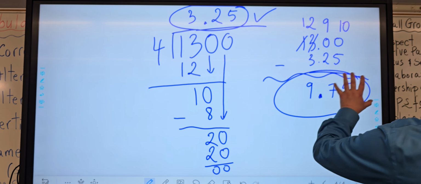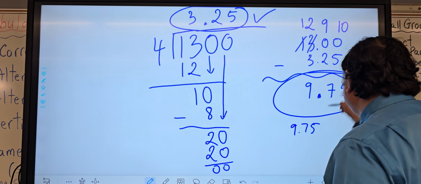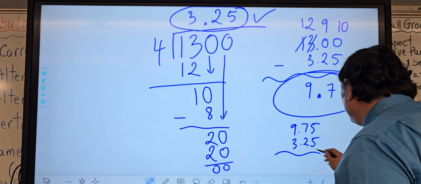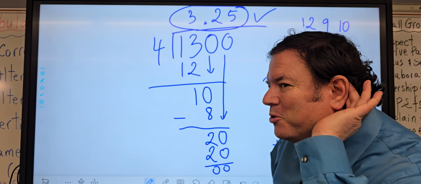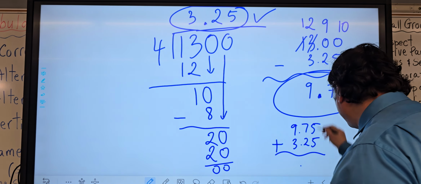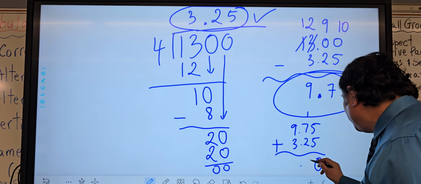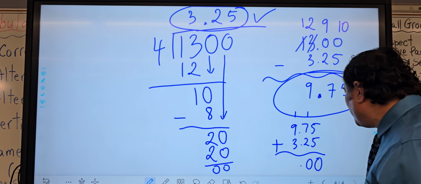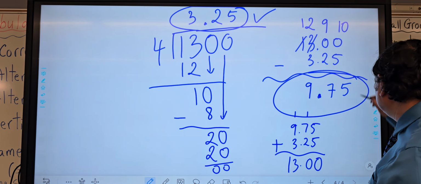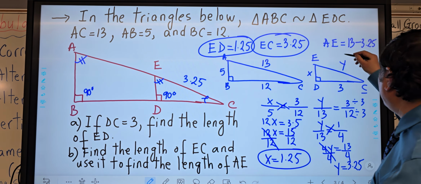Because again, if we add 9.75 plus 3.25, we should get 13, correct? Okay, let's do that. 5 plus 5 is 0, carry the 1. 7 plus 2, 9 plus 1, 10. 0, carry the 1. 9 plus 3 is what? 12 plus 1, 13. We got it. So the answer is 9.75.